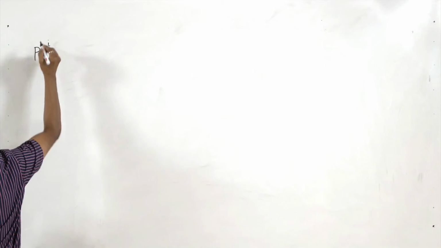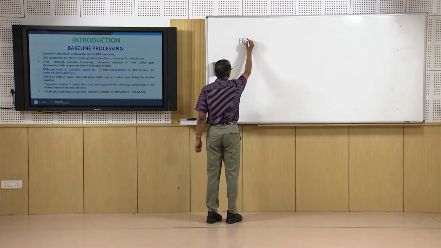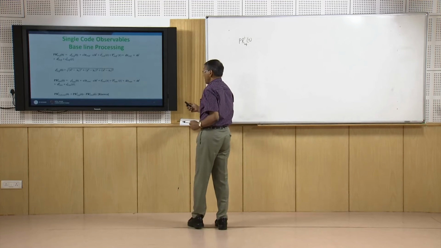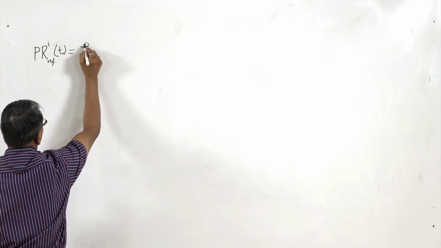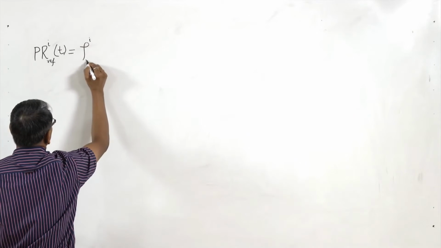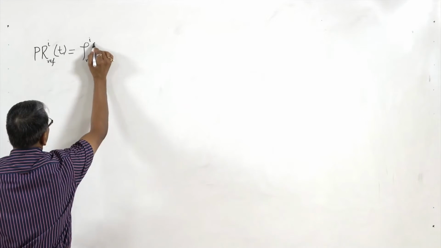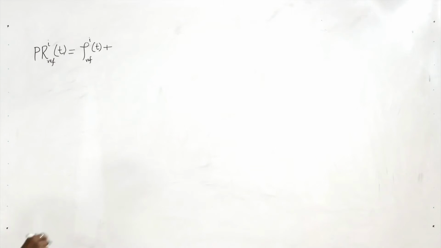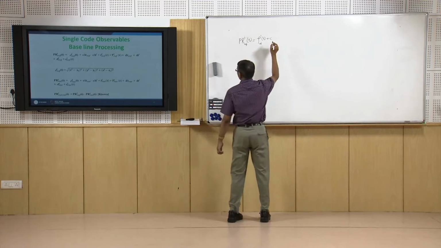Now, as you know, the pseudo range observable from any satellite, suppose I, to our reference receiver REF at any epoch t can be given by the geometric range of the satellite from the reference receiver at the epoch t, plus the receiver clock error.